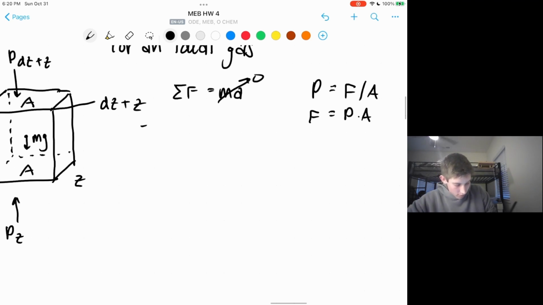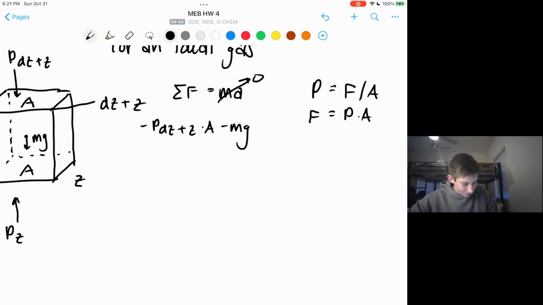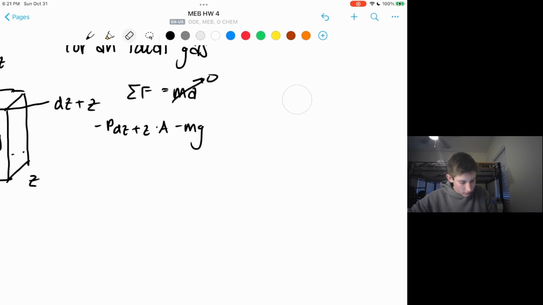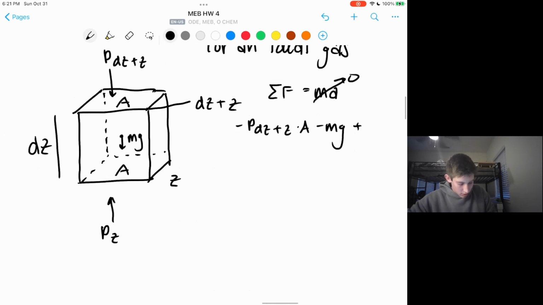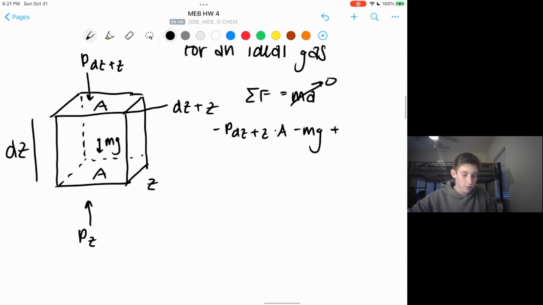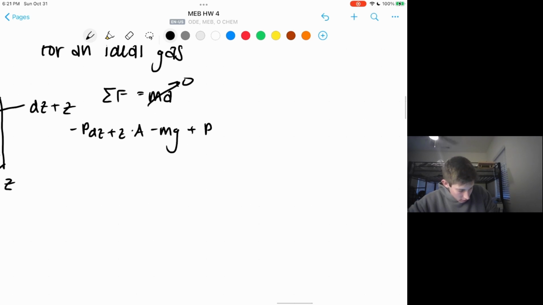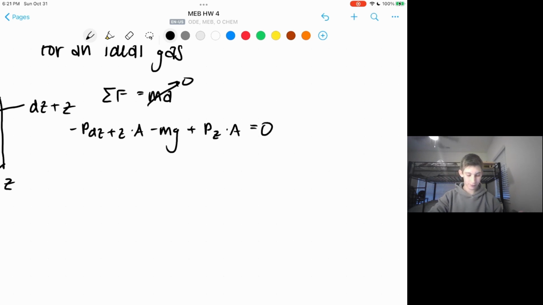So we have negative P at dz plus z times A, minus mg, and then plus the force up here. So that's P at z times A, and this all equals 0.